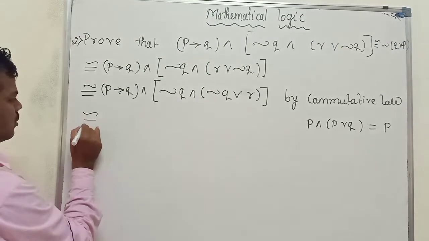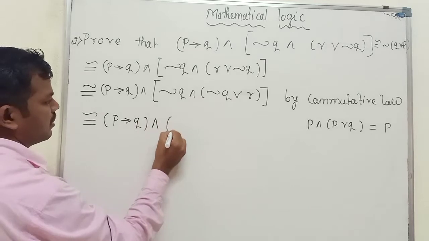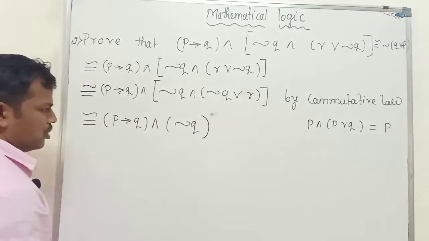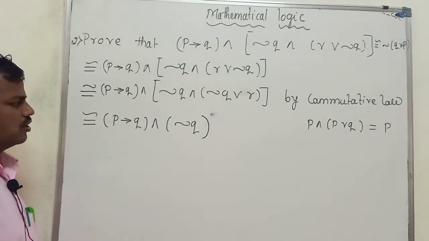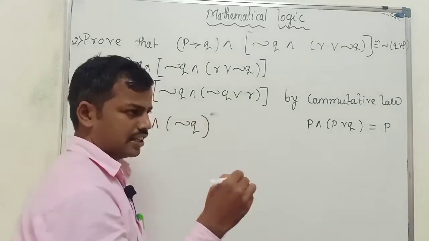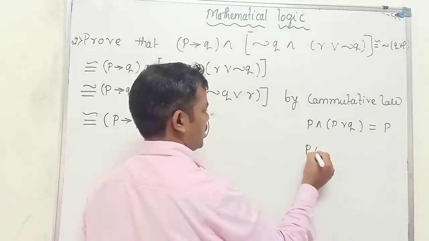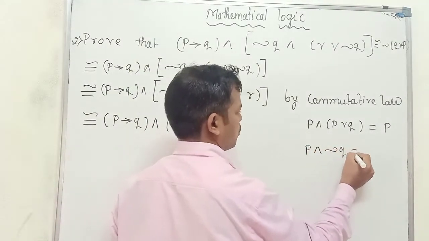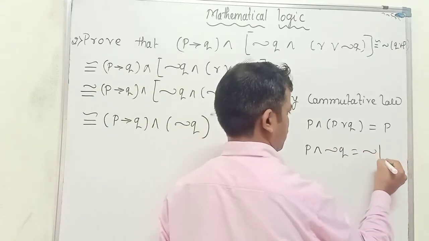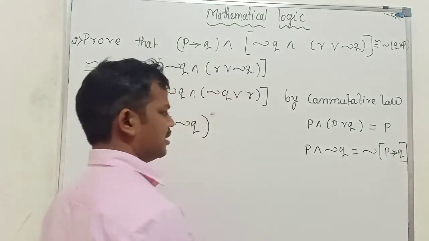So this is logically equivalent to (P conditional Q) and negation of Q. Next we know the negation of the conditional statement: P and negation of Q is nothing but the negation of P conditional Q.